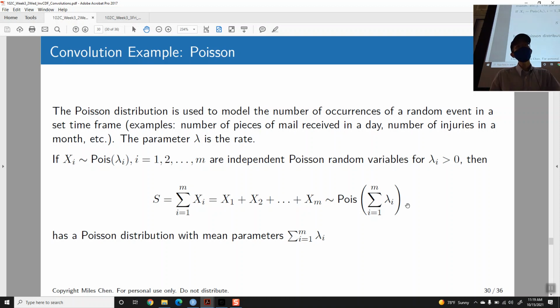What about how long you have to wait for the fifth customer to arrive? That's gamma. So time in between customer arrivals is exponential, time until the kth customer is gamma, and how many people arrive within a certain amount of time would be Poisson.